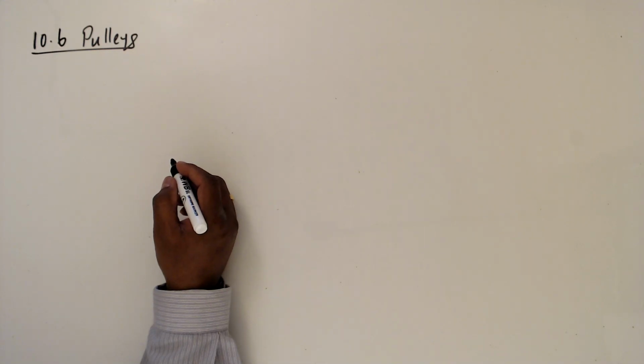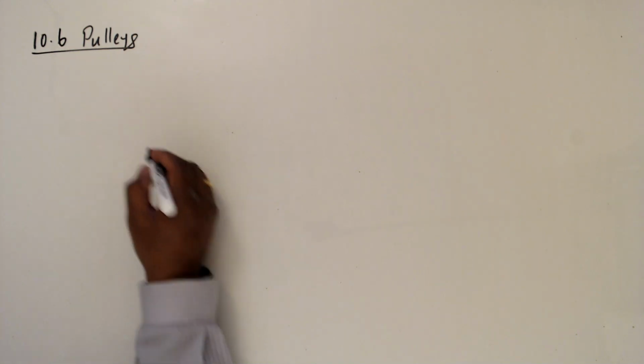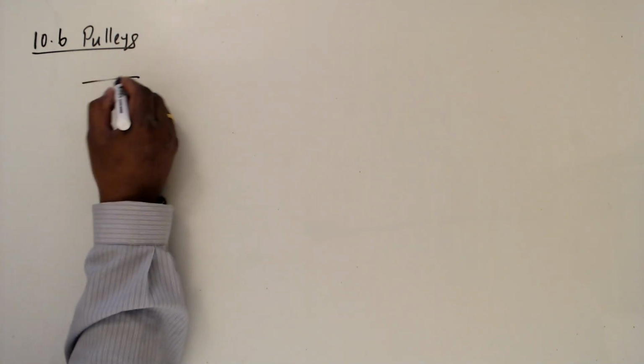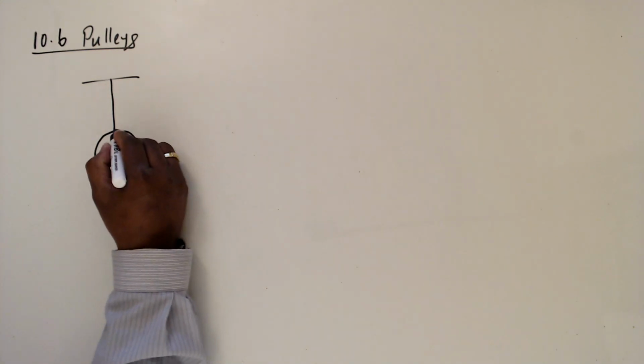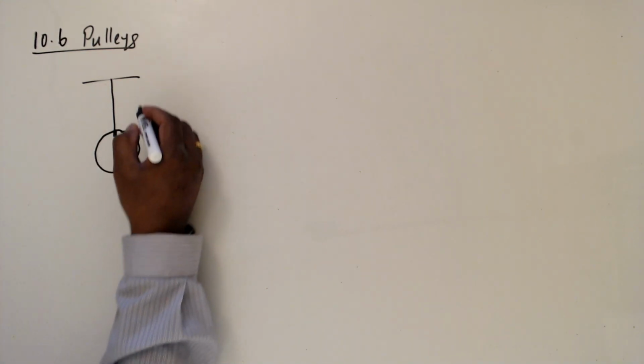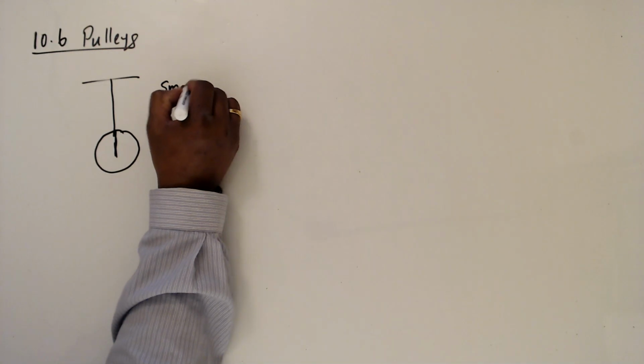Chapter 10.6 Pulleys. In this chapter, nothing much to learn, just one small thing. When we work with the sums, sometimes they will tell that it is a smooth pulley.